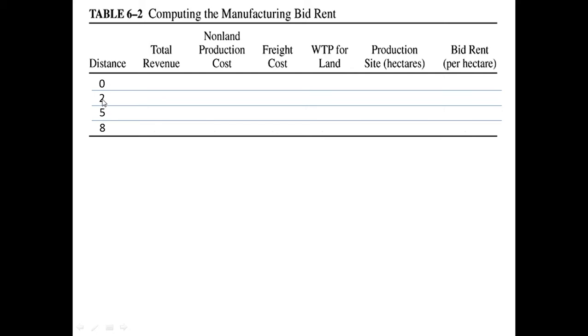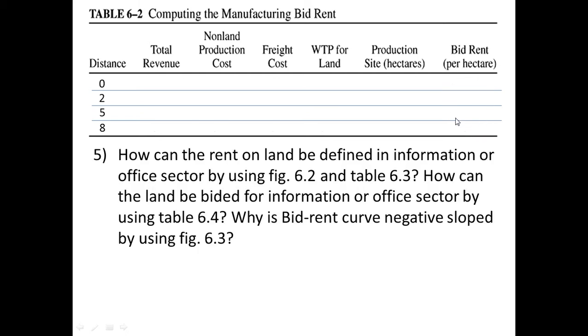The other firms are located 2 miles, 5 miles, and 8 miles away from the highway. So fill in this information, and then you can see this one. This is the question. When you fill in the information and get this data, this is the answer to the question.